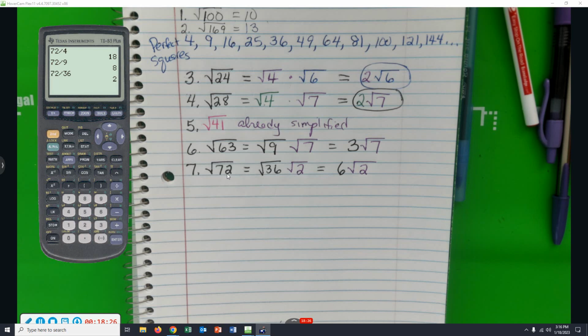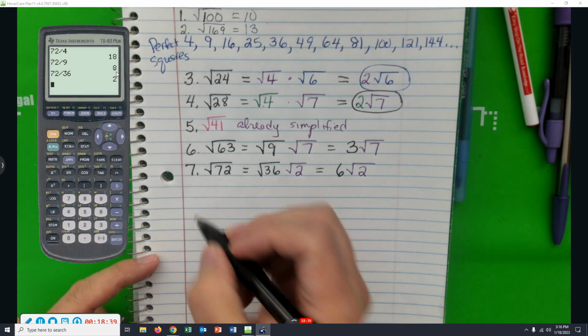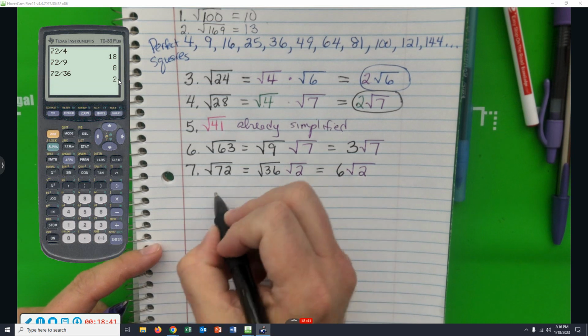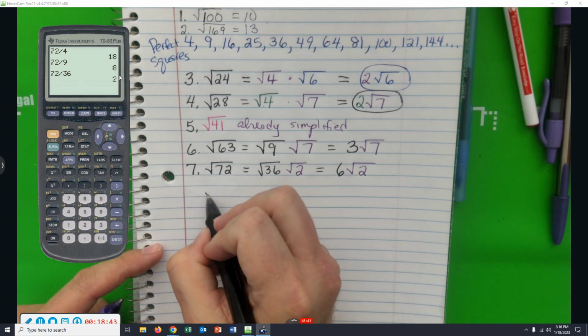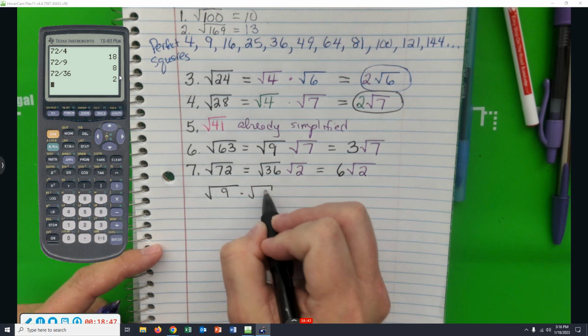And notice, is there a perfect square that divides evenly into 2? No, there's no number up here. If you had tried to use 9 times 8, I'll see people doing that. Okay, I'll have people using the square root of 9 times the square root of 8.